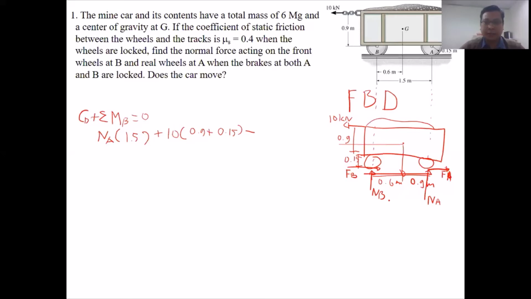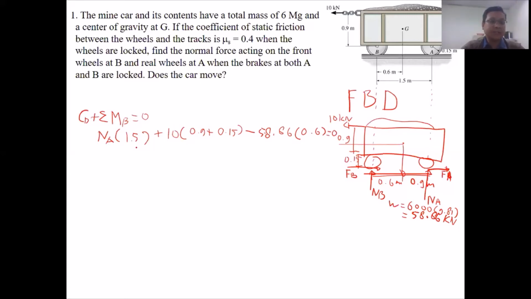The weight is 6 mega, which means 60 kilonewton, in the clockwise direction, times the distance 0.6, then equal to 0.